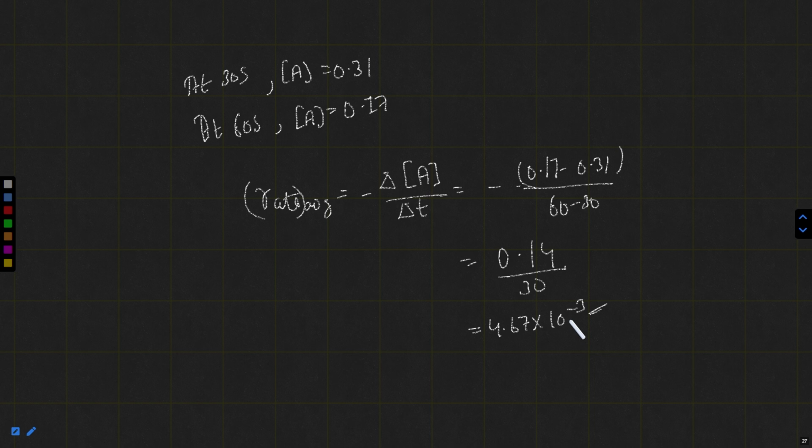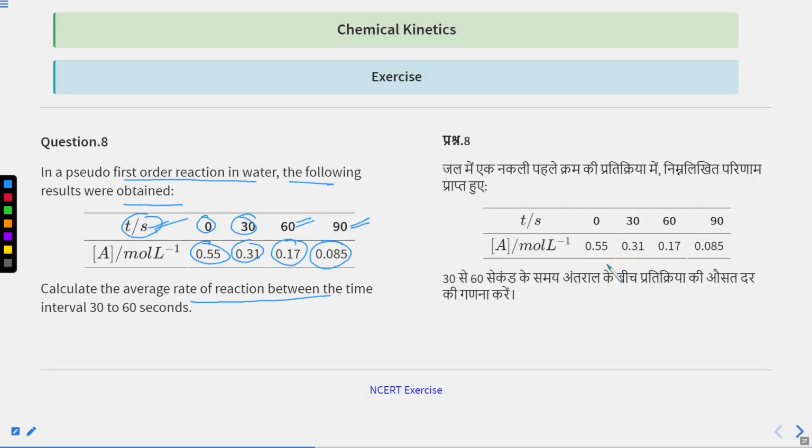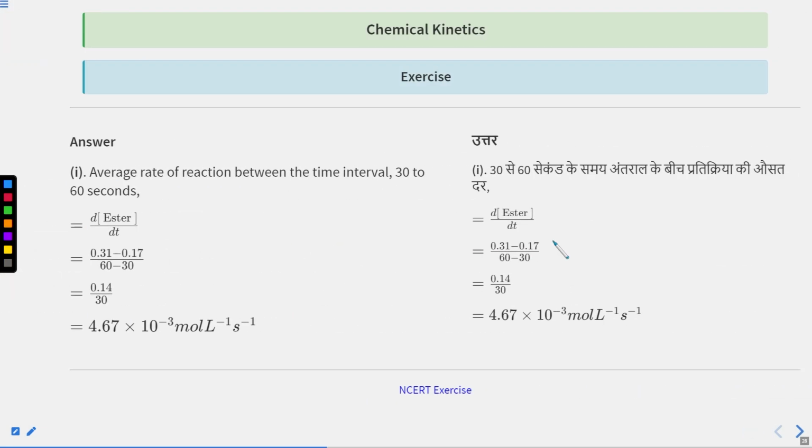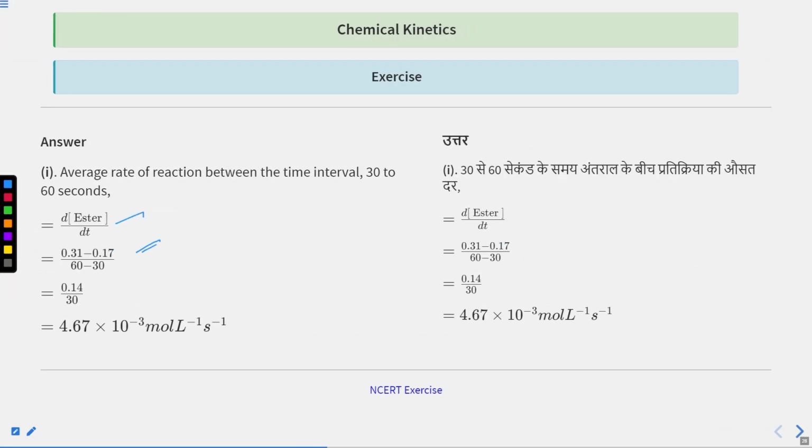Is it clear? Okay, let us look at the solution. We've done the same thing: change in concentration by change in time, 0.14 by 30, that is 4.67 × 10^-3. We have rounded it to the second decimal.